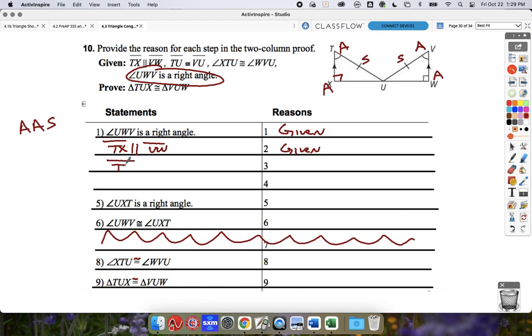TU is congruent to VU. Now that part, TU is congruent to VU, that's my side statement. Check.